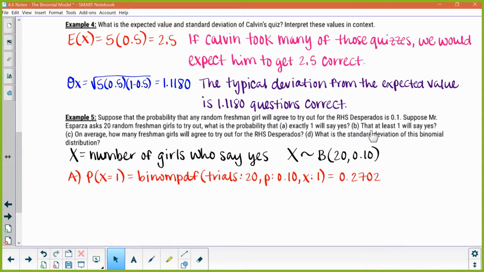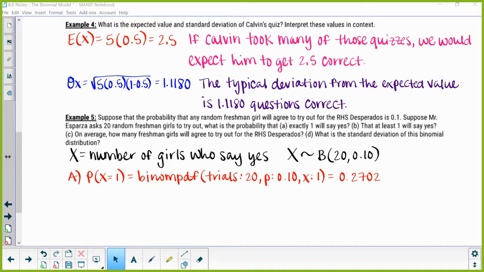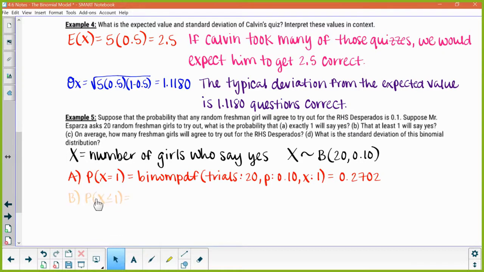What's the probability that at least 1 will say yes? So I'm interested in the probability that X is, which now that I'm thinking about this, I did 1 or less, but we'll make it work. Probability that at least 1 will say yes. So in my actual problem, I need to fix it.